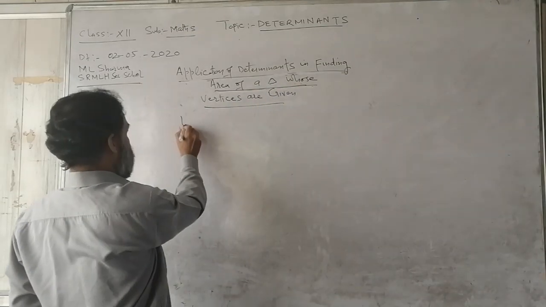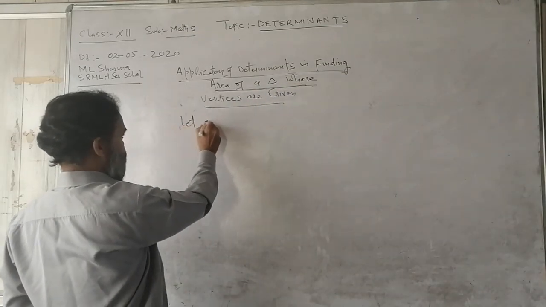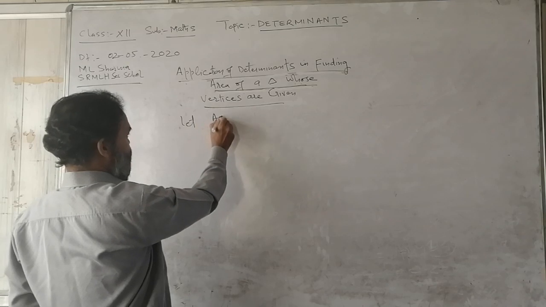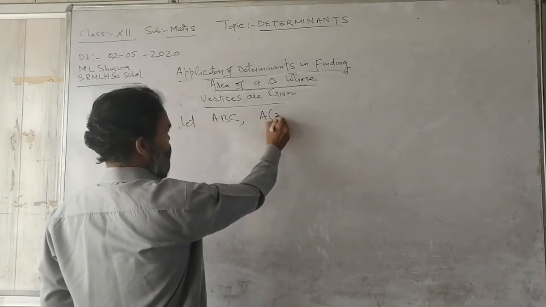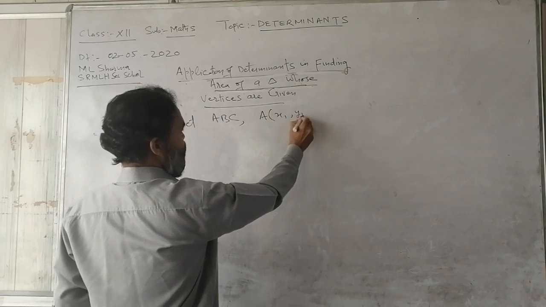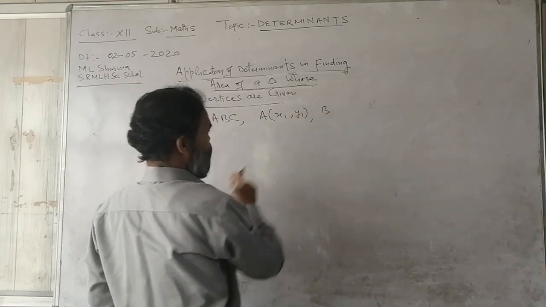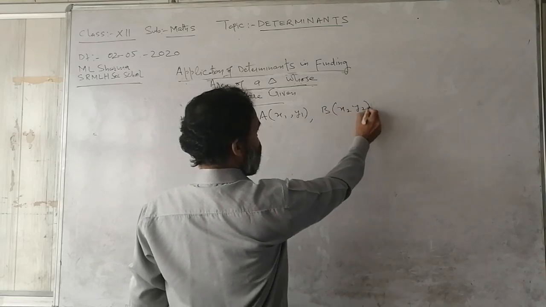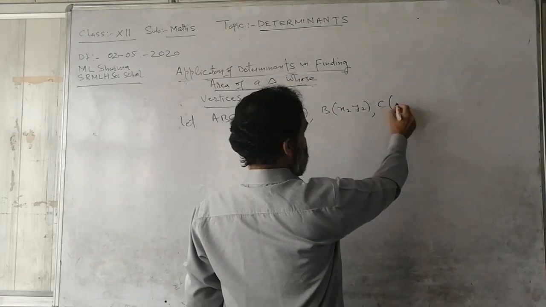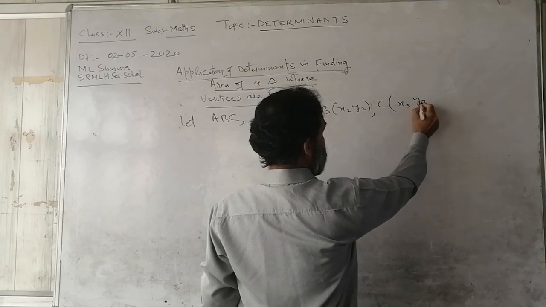Let I have a triangle ABC whose vertices are given as A (x1, y1), B (x2, y2) and C (x3, y3).